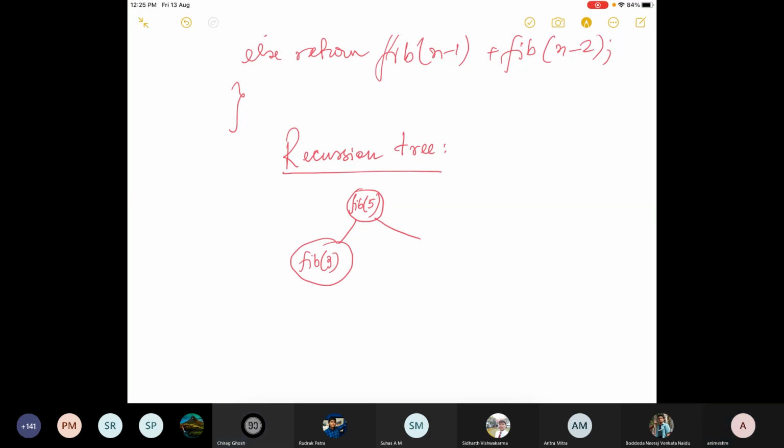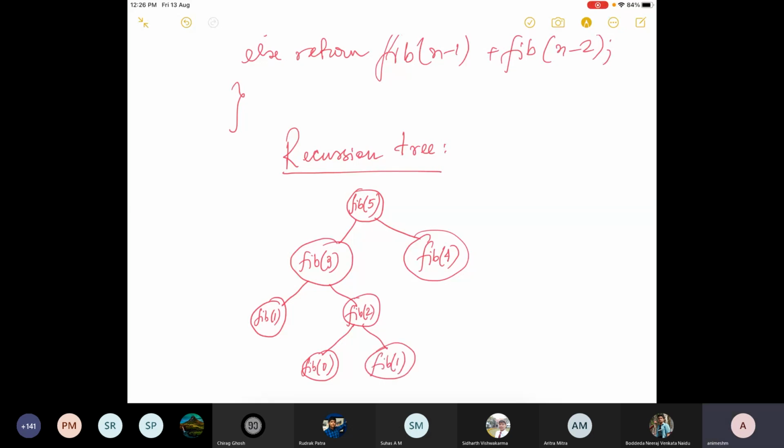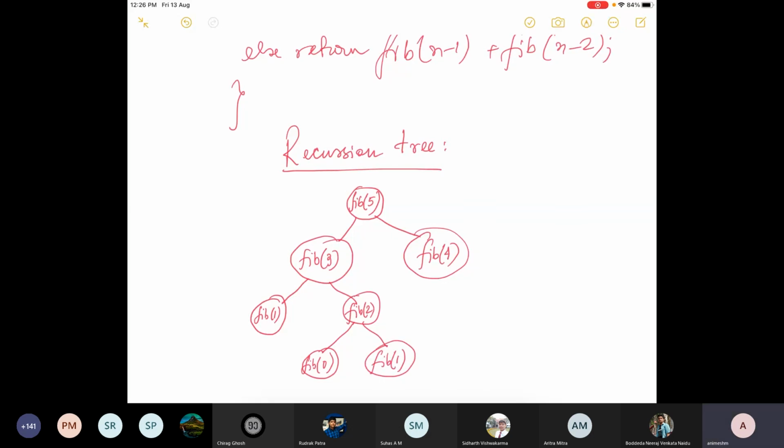Fib3 and fib4. Now fib3 will initiate fib1 and fib2, and fib2 will initiate fib0 and fib1. I guess you have already started seeing the problem.